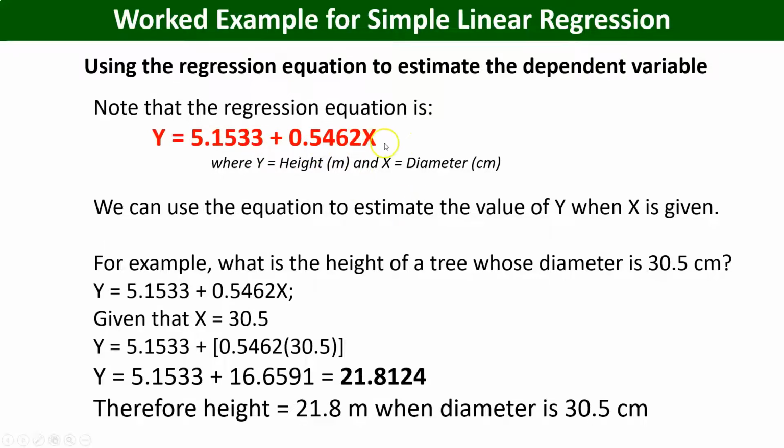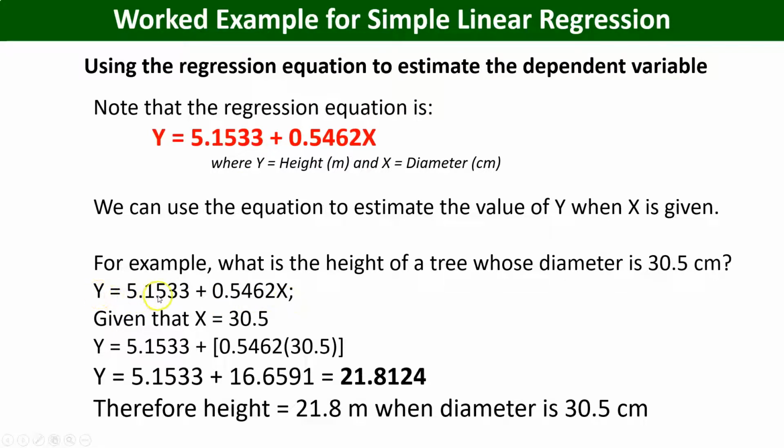This is our equation. y is the height, x is the diameter. So we can use this equation to estimate the value of y for any given value of x. So let's say, for example, what is the height of a tree whose diameter is 30.5 cm? All we need to do is just bring this 30.5 cm into that formula, because that's our x, and then evaluate the formula. And that's what I've done right here, as you can see on the screen.